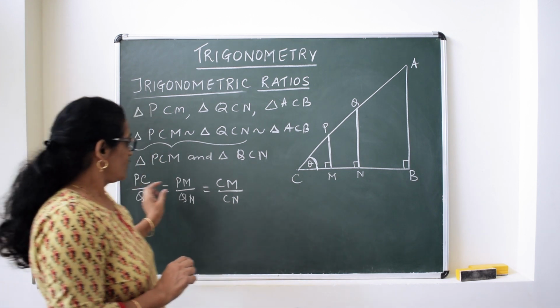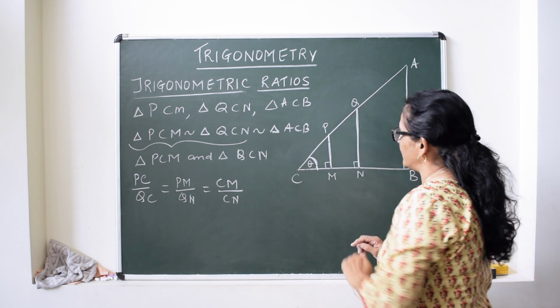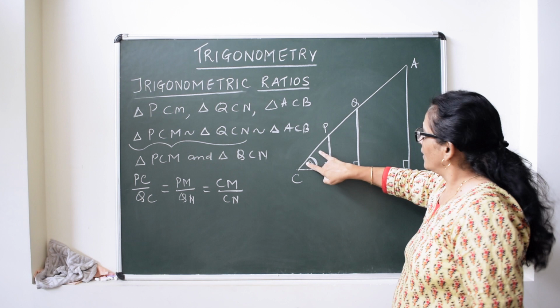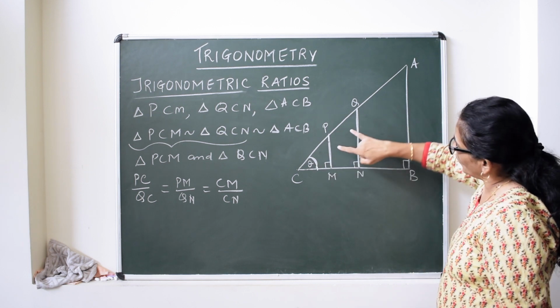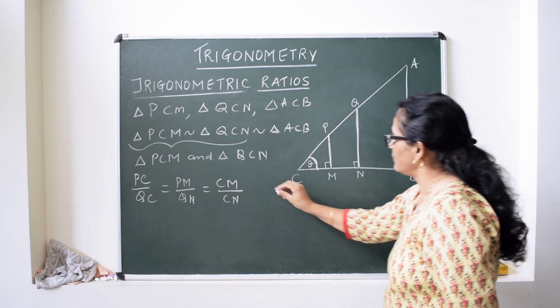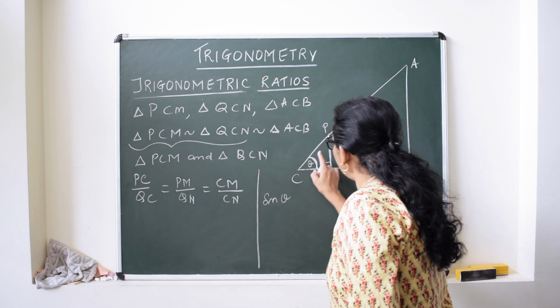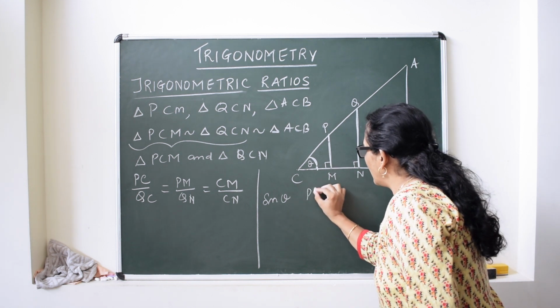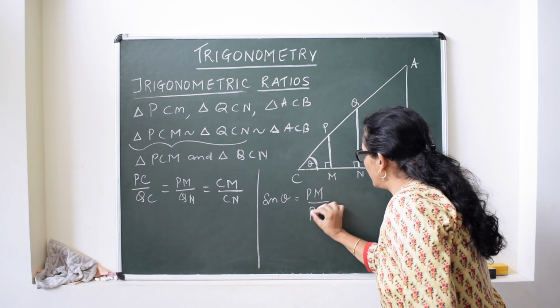Now, for this theta, if we look, the sin theta is PM upon CP. And for the bigger one, it will be QN upon CQ. So first we will see about sin theta. Sin theta in this small triangle will be equal to PM upon PC.